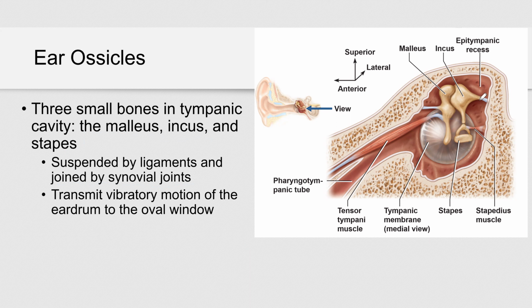So you can see ligaments right here, and you can even see several muscles. This bone is the stapes. This muscle here is the stapedius muscle. And this muscle is the tensor tympani muscle, attached to the tympanic membrane. The pharyngotympanic tube is shown right here. Yeah, so that's what we have on this picture.